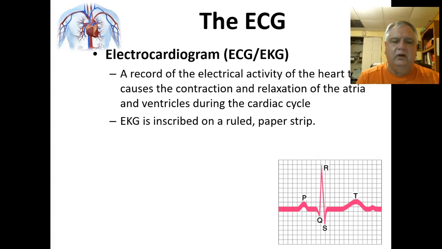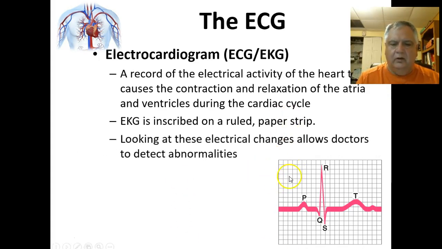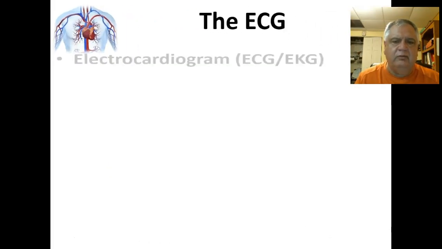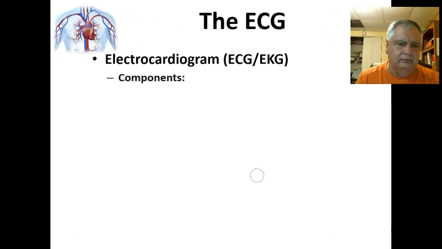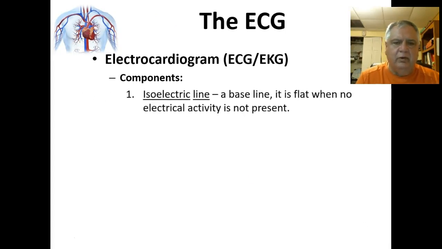An EKG is inscribed on a ruled piece of paper like we see here in our diagram. Looking at these electrical changes can allow doctors to detect abnormalities, so you should know some basics on an EKG or an ECG.